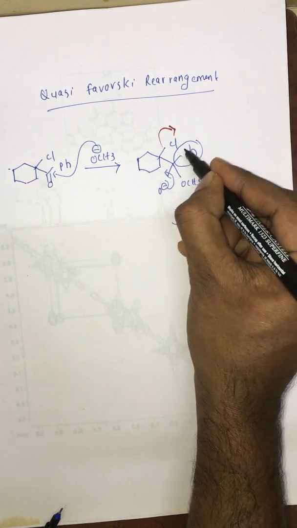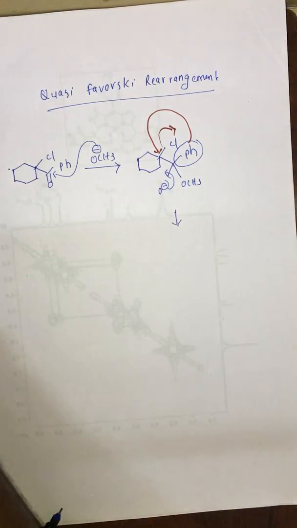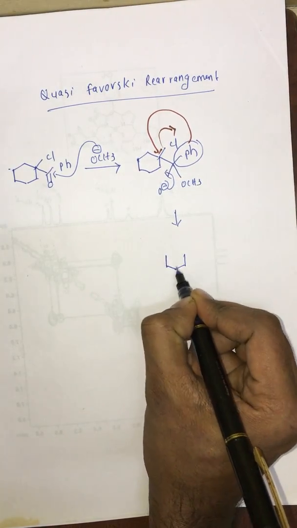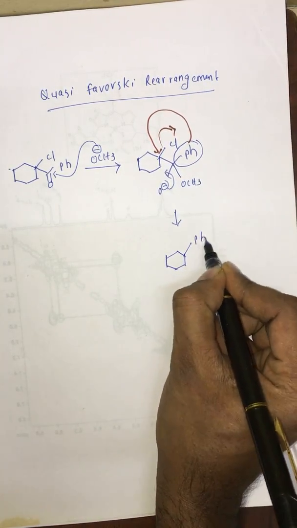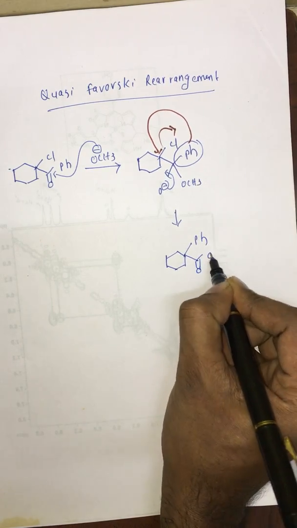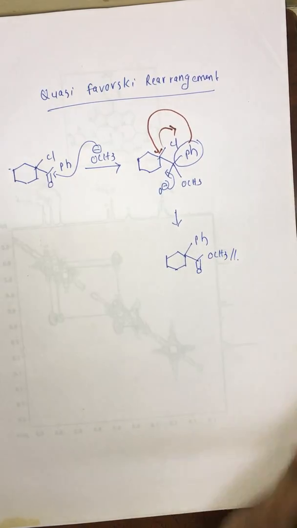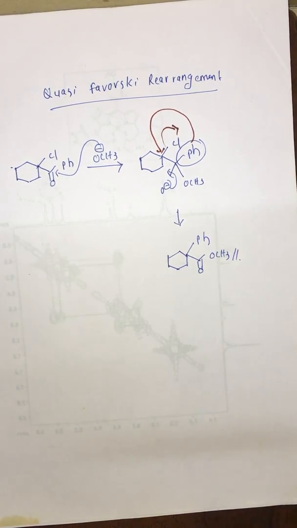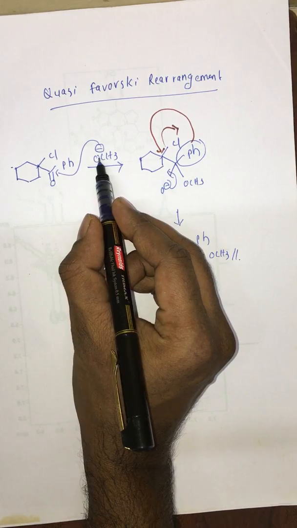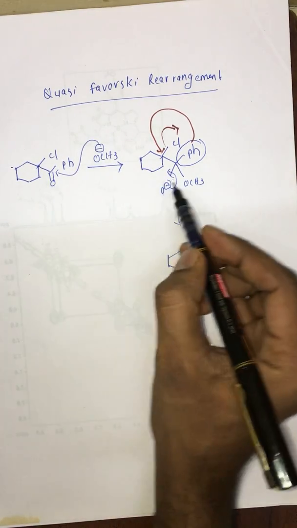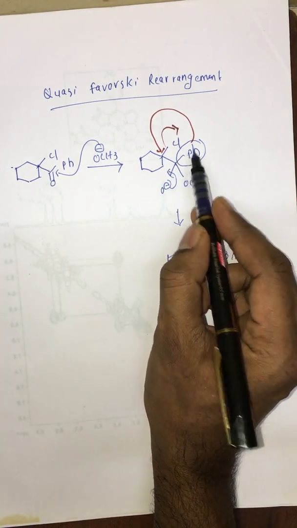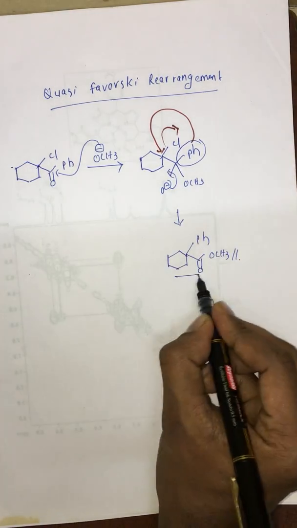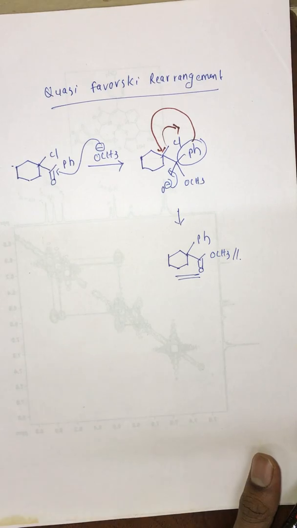This chlorine goes here and this phenyl goes and attacks this carbon. So we'll get, here, no ring contraction. Okay, so this is the final product in a quasi-Favorskii rearrangement. So the first step is attacking of OCH3 minus to the CO bond, and the next step phenyl migration takes place, and Cl goes as a leaving group. So finally we'll get this product.